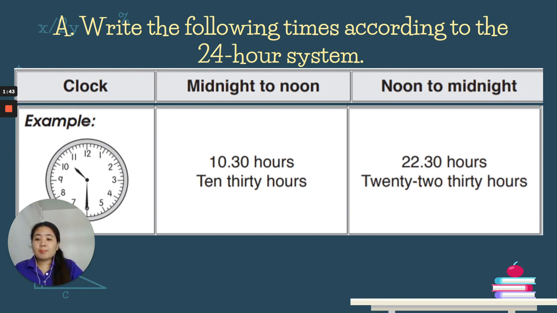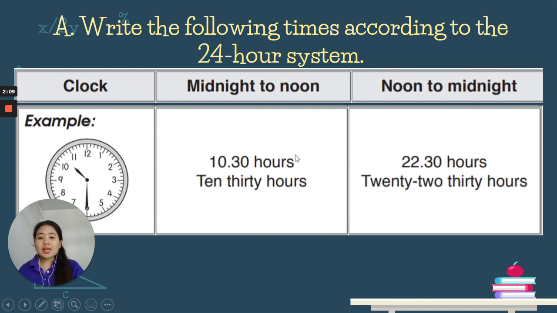Then the minutes, the long hand: 5, 10, 15, 20, 25, 30. So the time, if it is in the morning, is 10:30 hours. If you write that in words, that will be 10:30 hours.